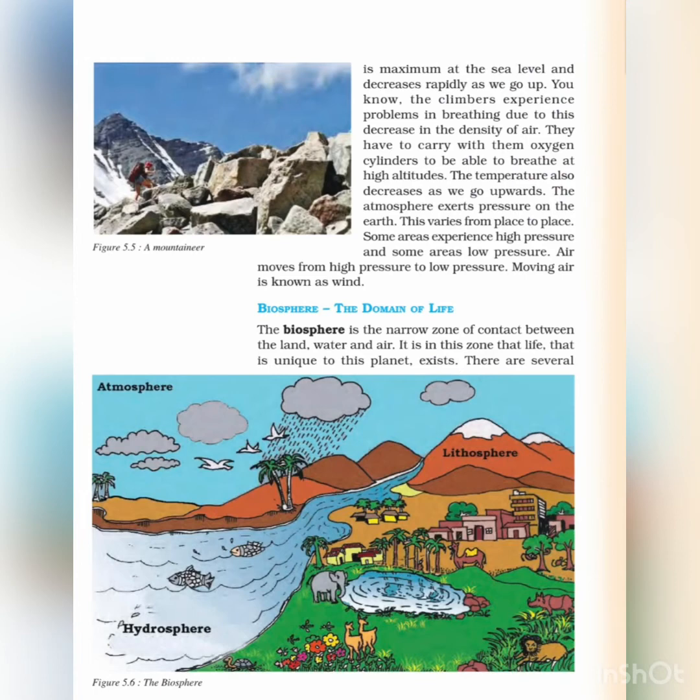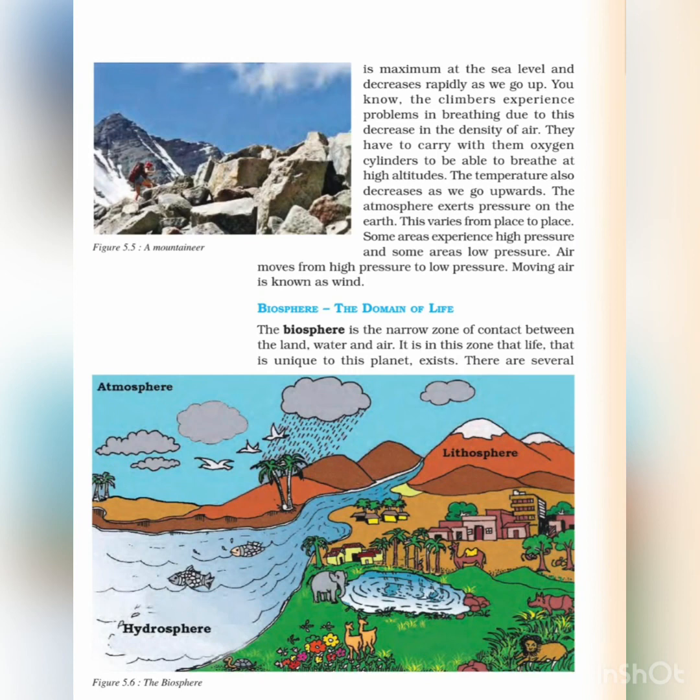Density of atmosphere varies with the height. It is maximum at the sea level and decreases rapidly as we go up towards the mountainous areas. That is why you must have seen climbers who climb the mountains experience problems in breathing. This is due to decrease in the density of air.